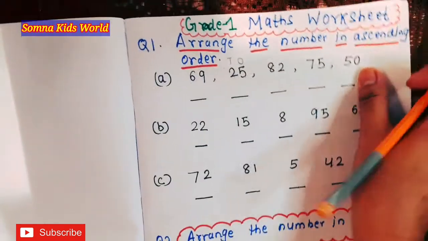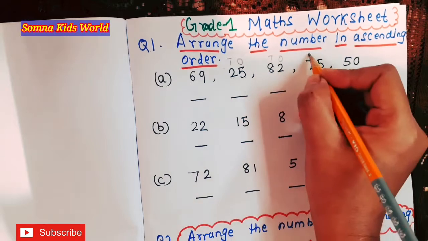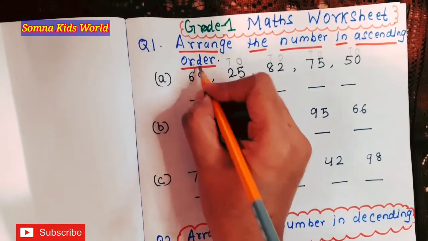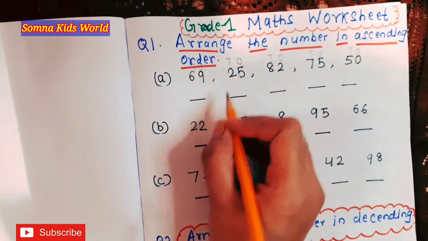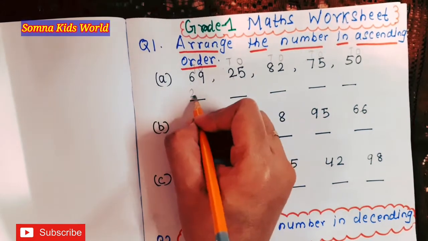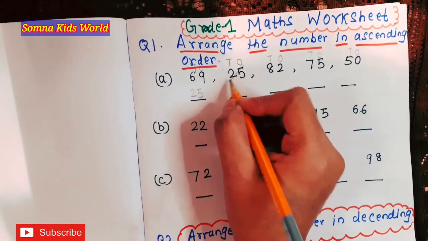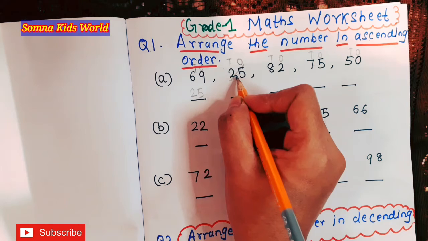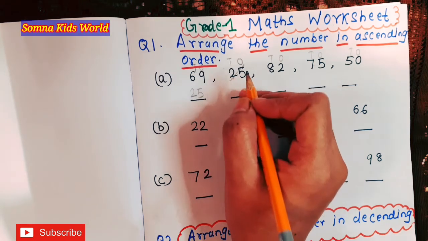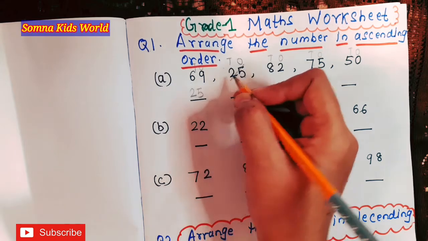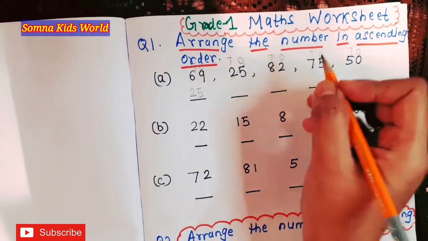So kids can write tens and ones in each digit and find out which is the smaller one. So the first one is 25. After writing 25, tell the kid to omit it like this, so that it is easy for them and next time they are not going to take this number again, and they can go for the next one.